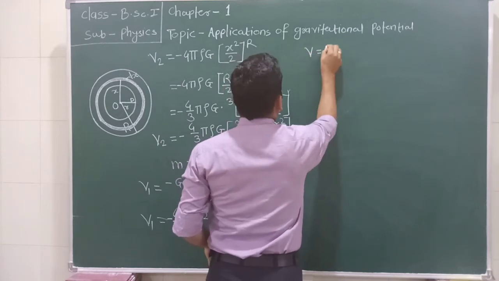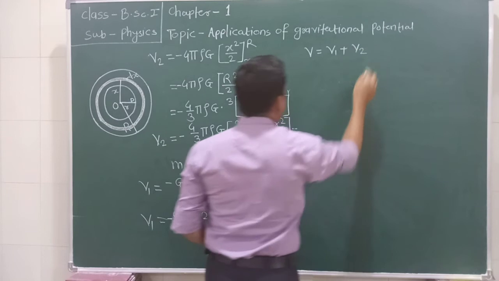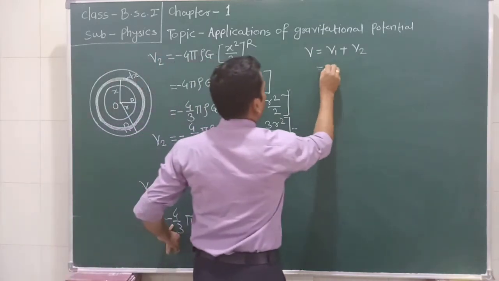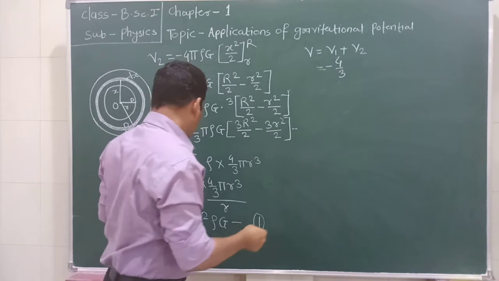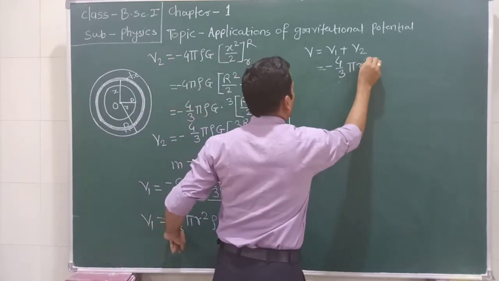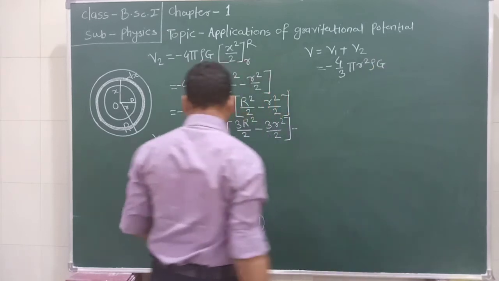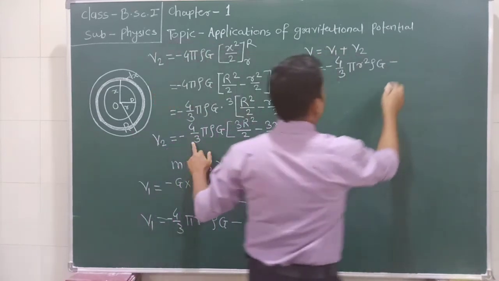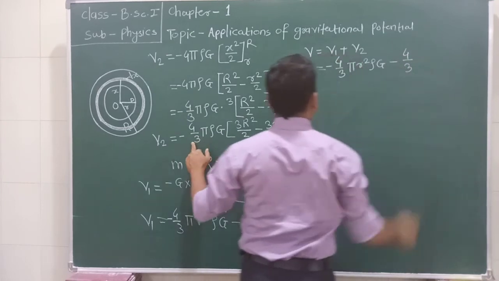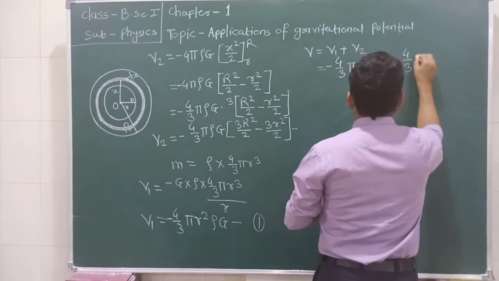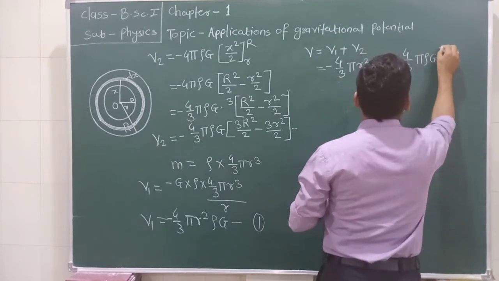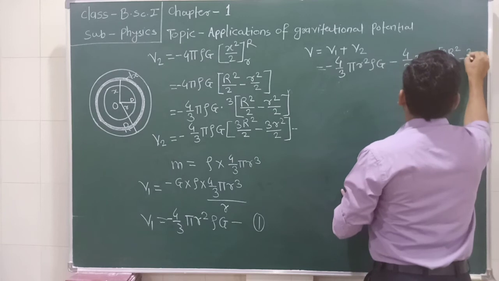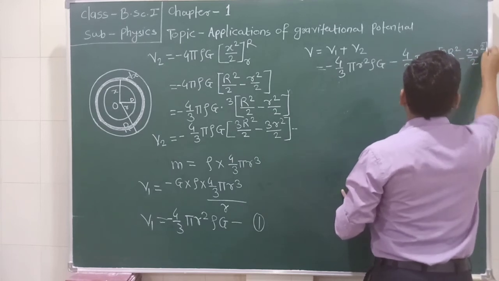V is equal to V1 plus V2. So V1 is equal to minus 4 by 3 pi r square rho g, minus 4 by 3 pi rho g into 3R square divided by 2 minus 3r square divided by 2.